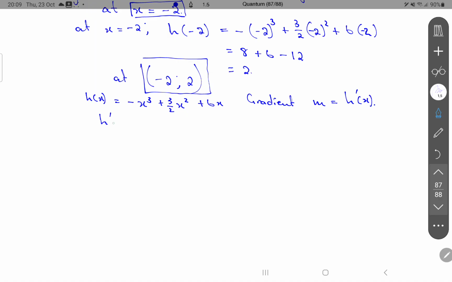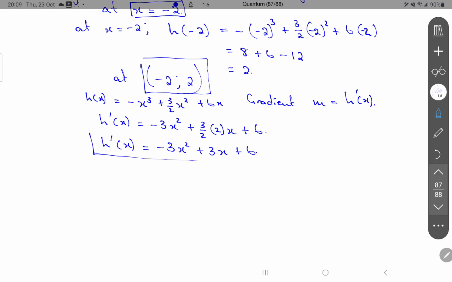So h prime of x is equal to negative 3x squared plus 3 over 2, drop down the 2, x plus 6. So h prime of x is equal to negative 3x squared plus 3x plus 6. So this is the gradient.